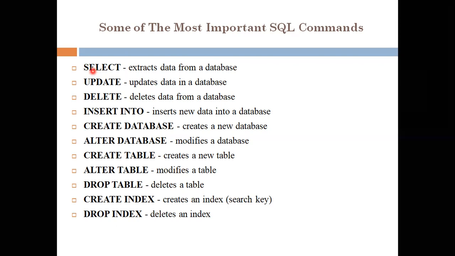SELECT star FROM works like this. SELECT will help you select the portion of the database that you need, or you can also get the complete database as a result.